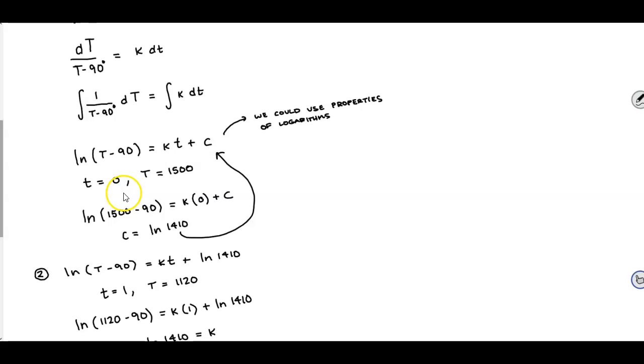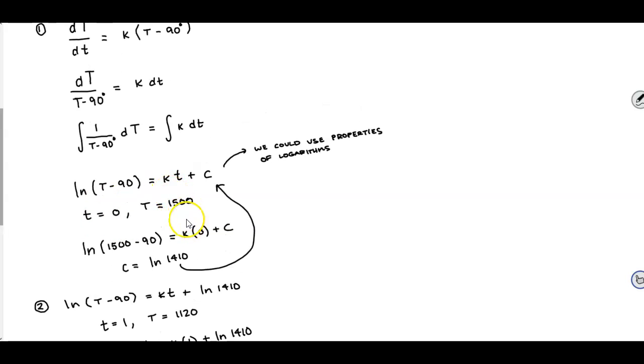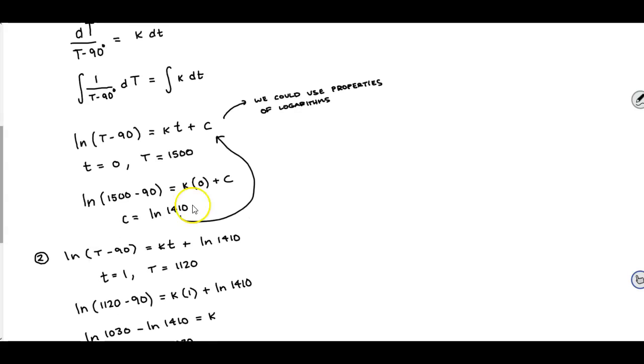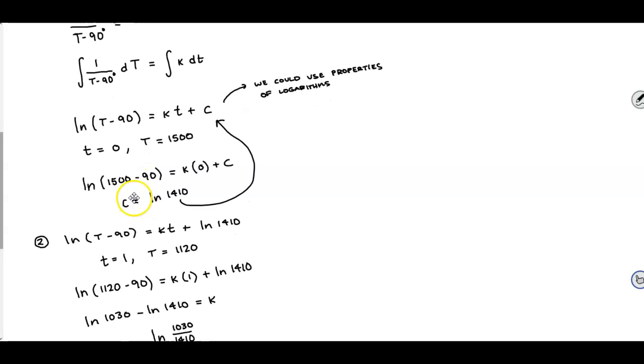But in this scenario, since we know what the initial value of t is, and we know that the temperature is equal to 1500, we can go ahead and plug that in to solve for c. So since we know that t represents 0, and we know that the temperature is at 1500, then we would get the natural log of 1410, and that would equal c.